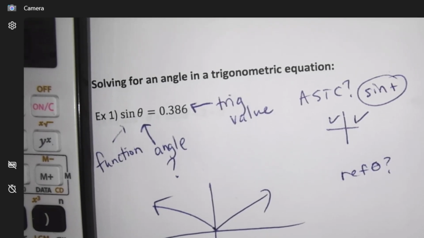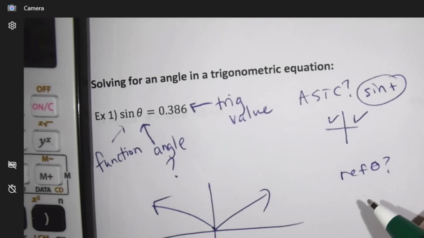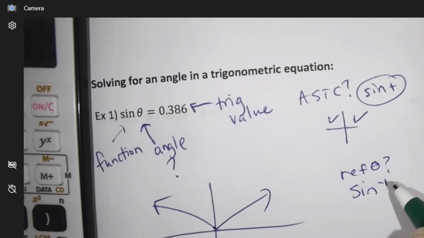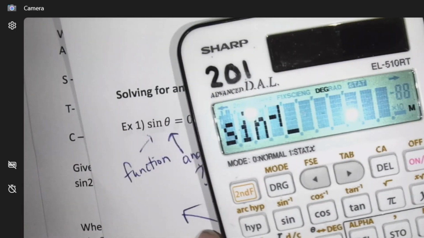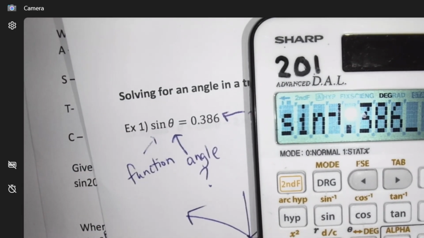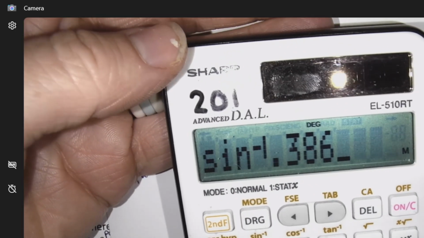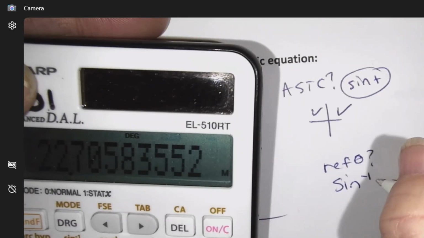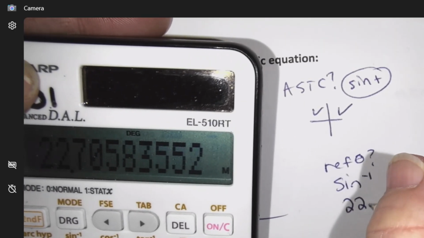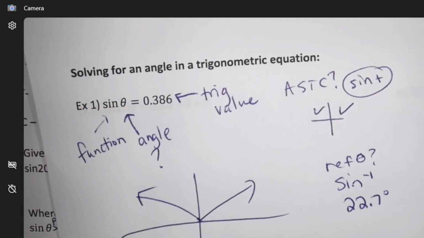What are you always pushing to get an angle? Inverse. So you're going to sine inverse 0.386. And I'm going to get 22.7 degrees.